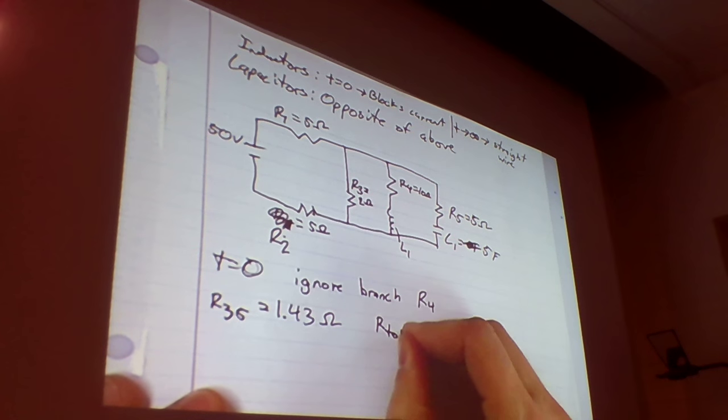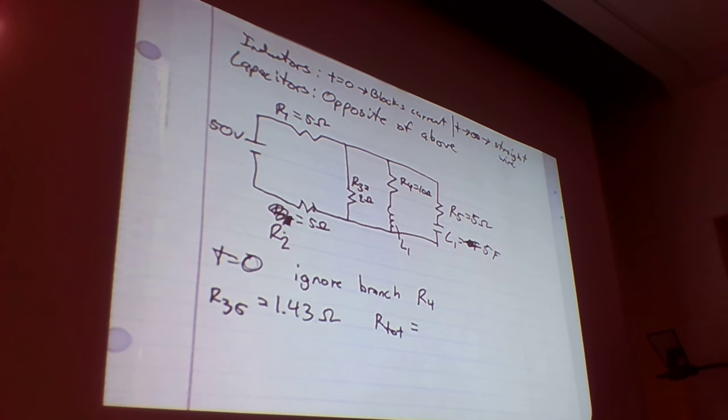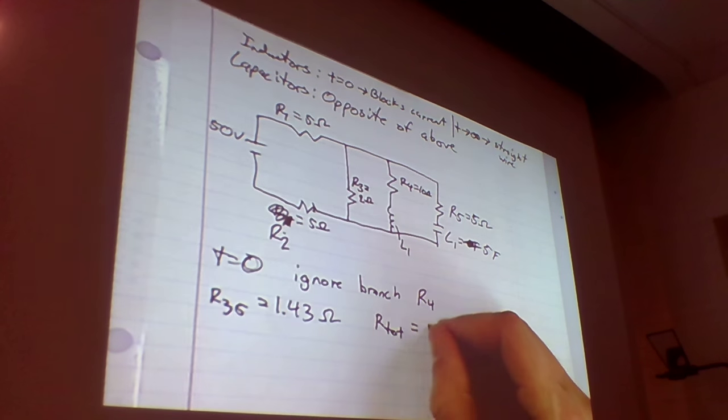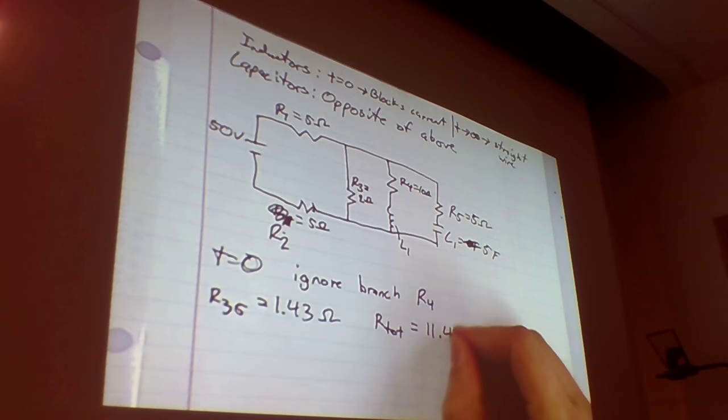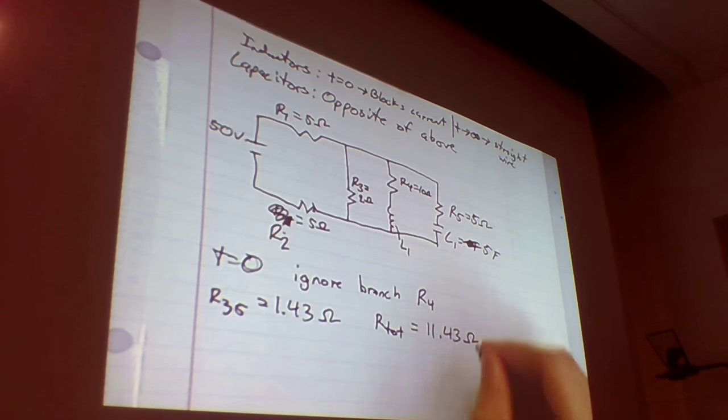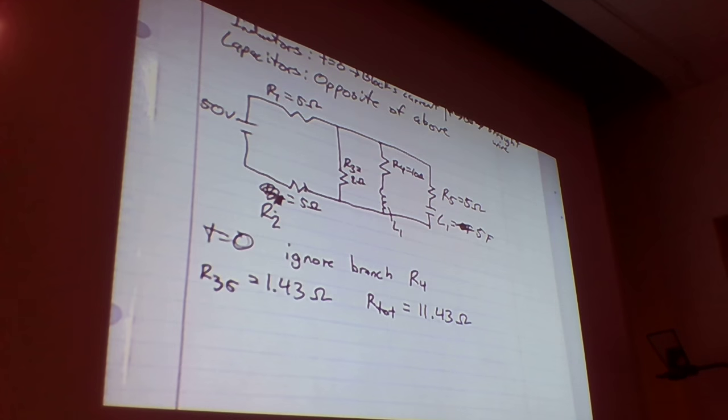Then our total is just going to be R3,5 plus R1 plus R2. What did you say? 11.43. Okay, perfect. So our total is 11.43 ohms.